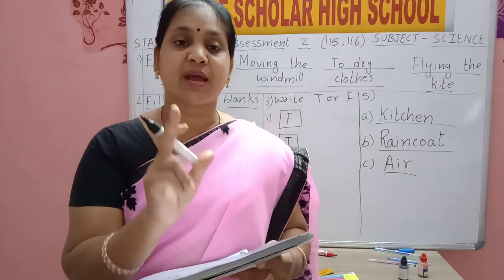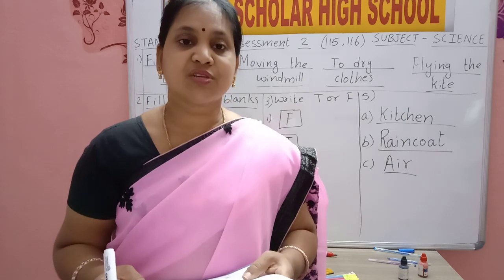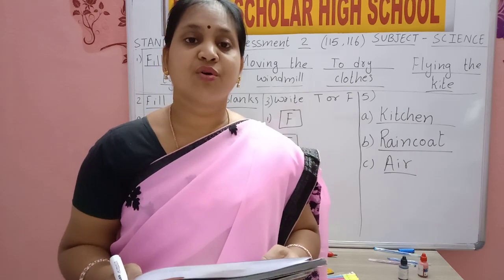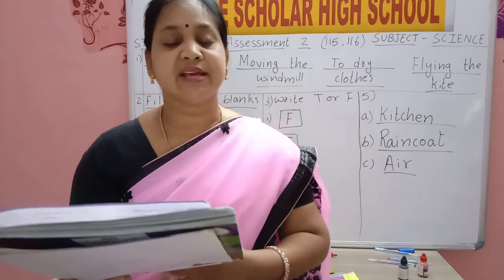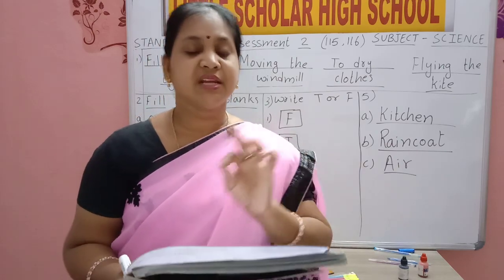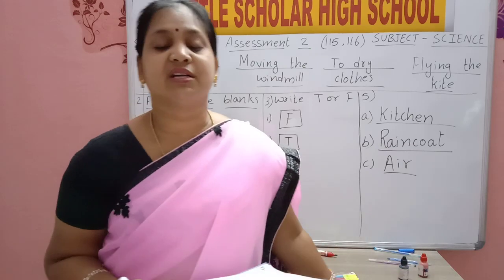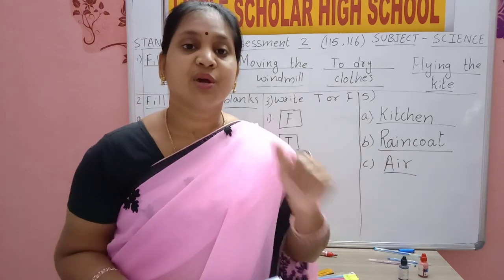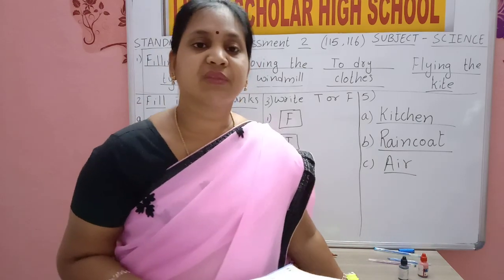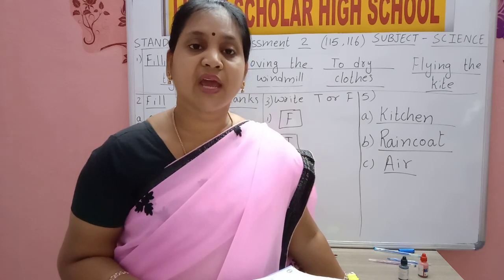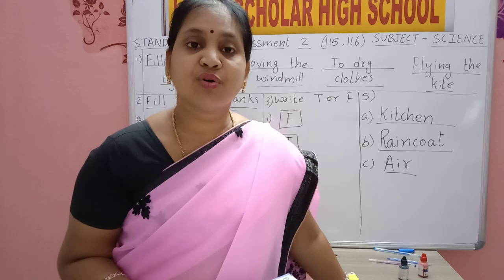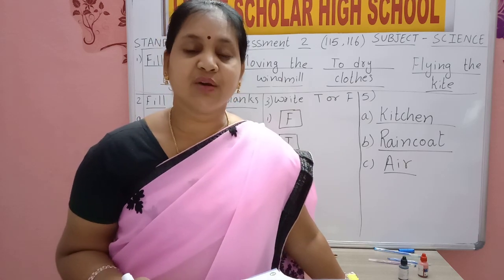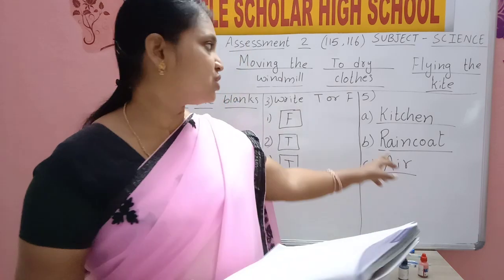Fifth bit. A1 I am reading, put finger. T-H-E, the. R-O-O-M, room. I-N, in. W-H-I-C-H, which. You should be able to say the word. W-E, we. C-O-O-K, cook. O-U-R, our. F-O-O-D, food. The room in which we cook our food, kitchen.